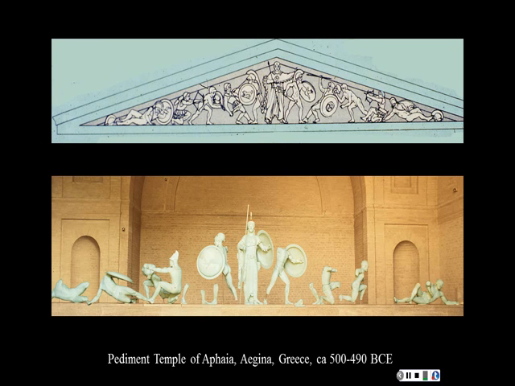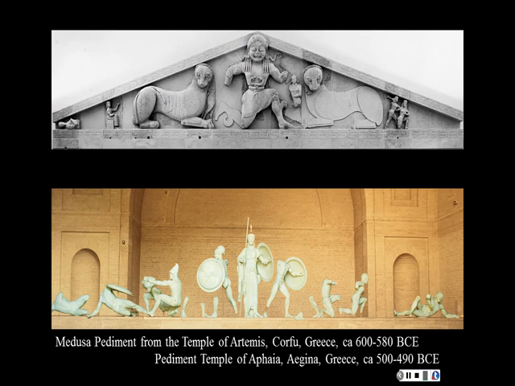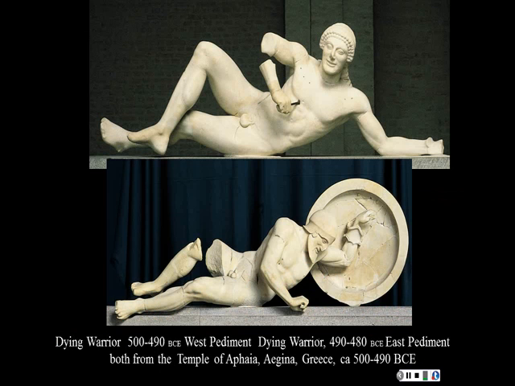Instead of a hierarchical deity in the center and tiny little figurines on the sides, we have different human beings in different lower positions. So in the far corners, we have these dying figures. And these are always remarked upon because of the shift that they indicate is occurring at this time.